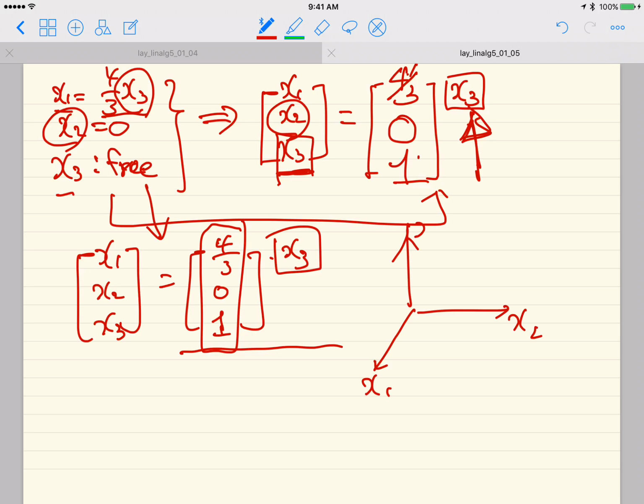Suppose this vector was something like this direction. Then we can understand our solution as any vector along this vector.